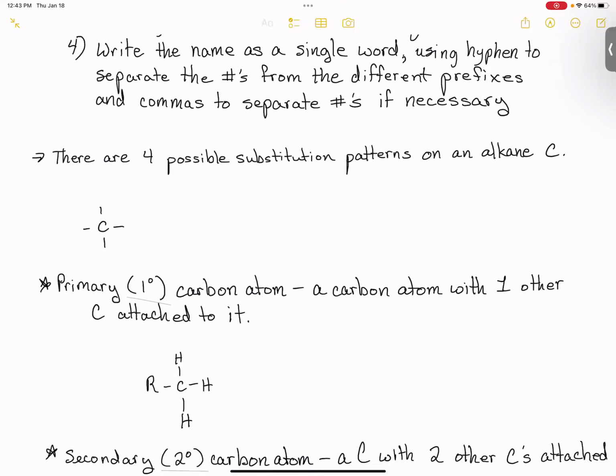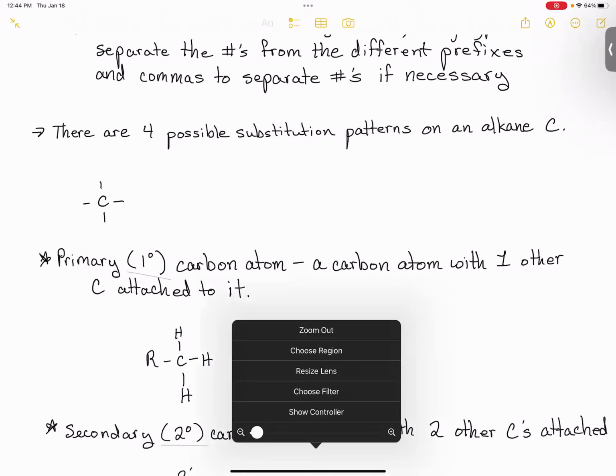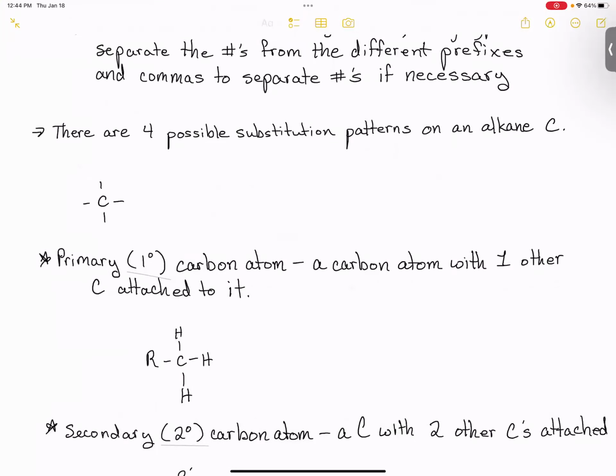We call it a primary carbon atom if there's only one other carbon attached to it, which we represent as an R. So if there's only one other carbon group represented as an R, then it's considered to be a primary carbon atom.